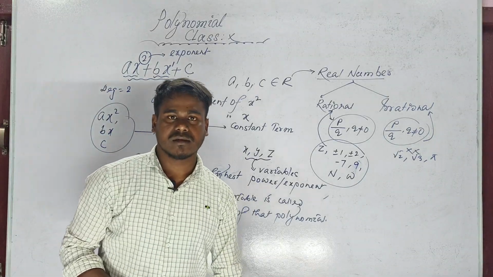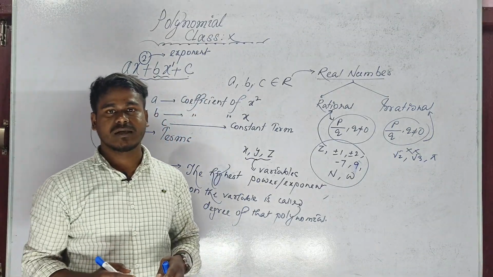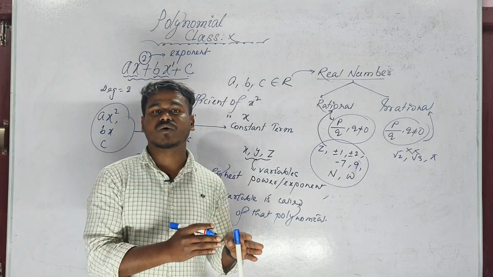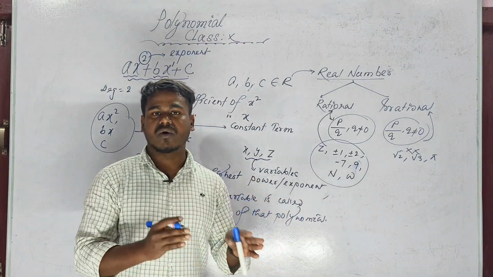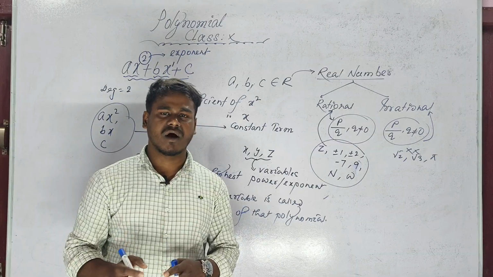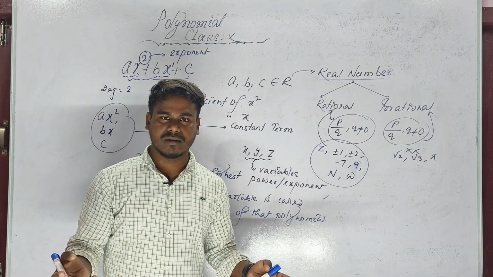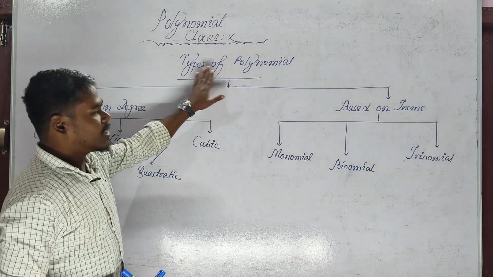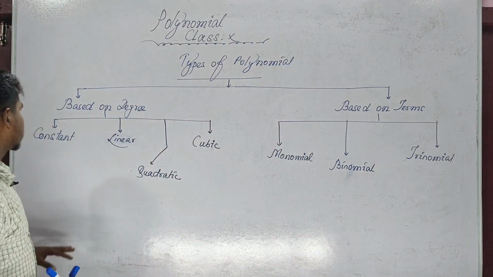Understand or not? Now I am going to tell you the classification of polynomial on the basis of number of terms and on the basis of degree. How many types of polynomial? Stay tuned with me. Here, types of polynomial.